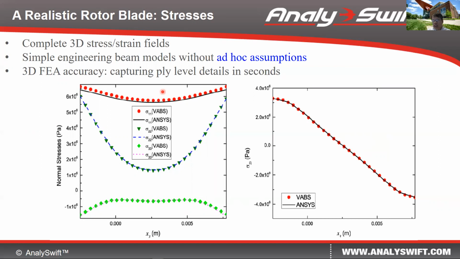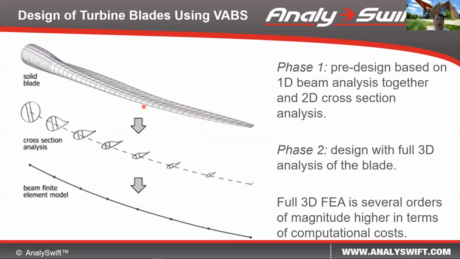And usually for a realistic rotor blade or other composite beams, it's impossible to use 3D FEA to get the ply level details. And in a realistic environment, VABS can be used as a component of your entire workflow, for example, to design wind turbine blades. Usually people cut multiple sections, dozens or hundreds of sections along the length.